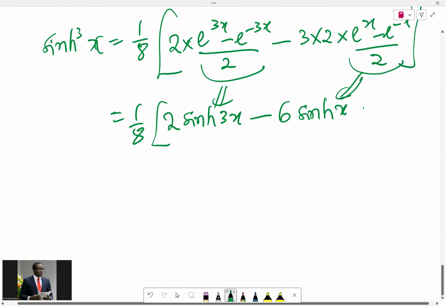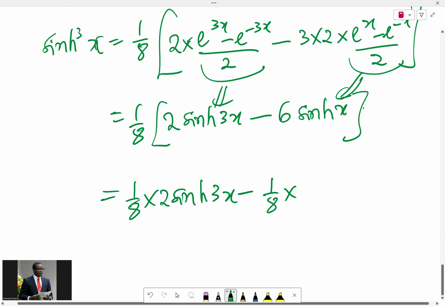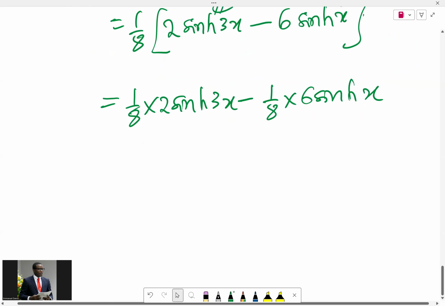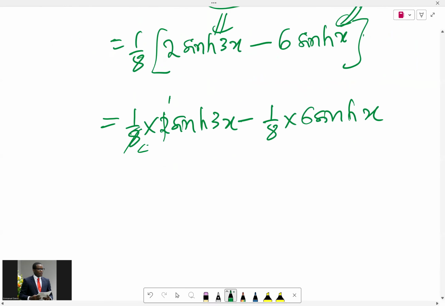So with this now, we can tidy things up. We have 1 over 8 times 2 sine 3x minus 1 over 8 times 6 sine x. So we have 2 here is 1, 2 here is 4. 2 here is 3, 2 here is 4.